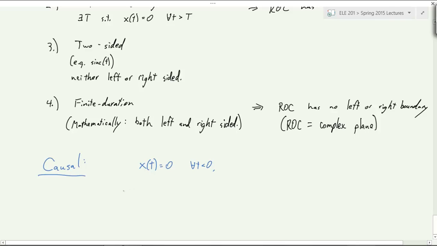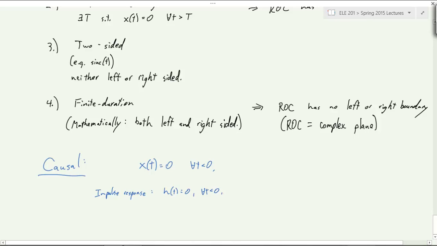But remember, the impulse response of a causal system will always have the property that we just mentioned: h of t equals 0 for all t less than 0. So we'll call a signal causal with this definition.